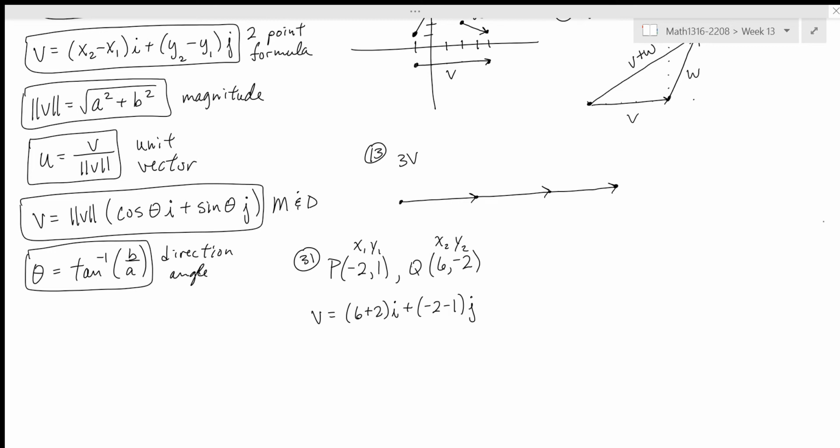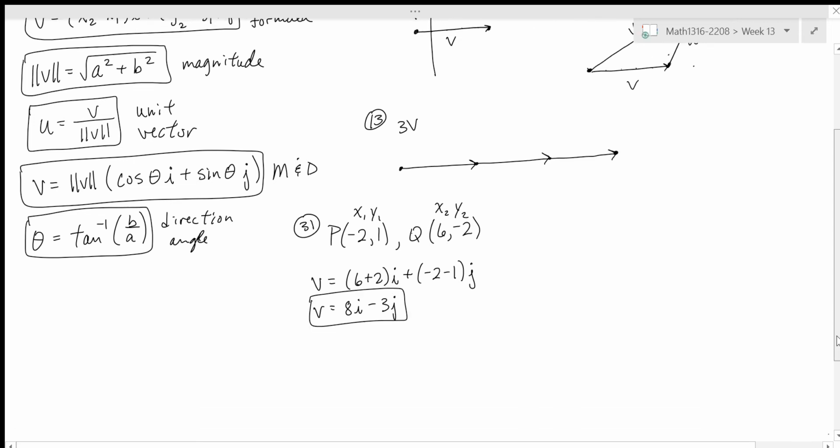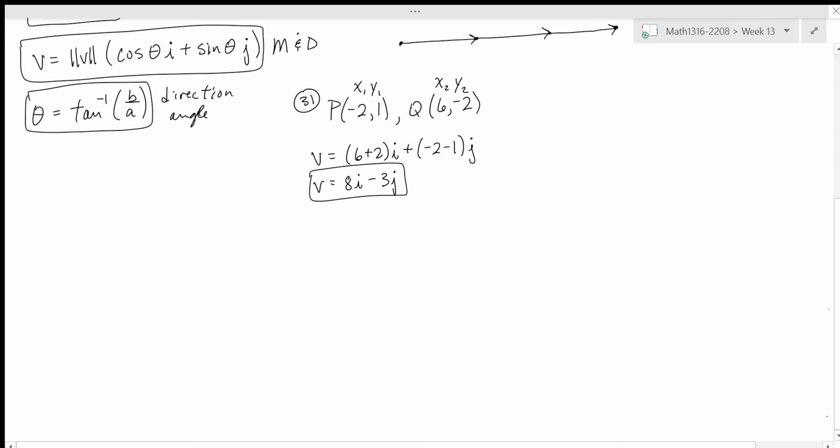And did everybody see that x1 also has a minus? Yeah, so 2 negatives make that a plus. And this was y2 minus y1. Okay, I feel good about that. So what is going to be the vector in standard form? 8i minus 3j. So that would be the vector in standard form.